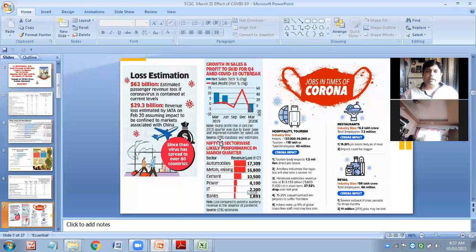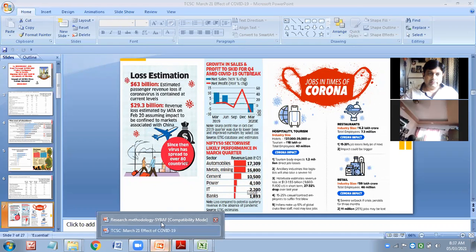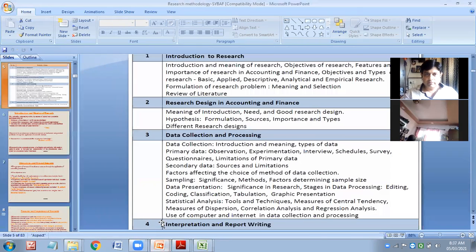So only collecting of data is not going to serve our purpose. Transforming them or putting them into different ways and means for presenting to the people at large, and that is what our syllabus says. Data presentation.